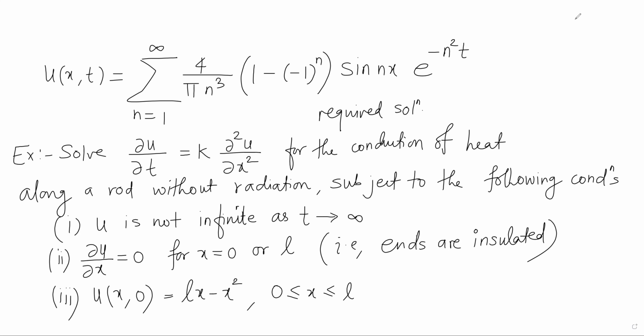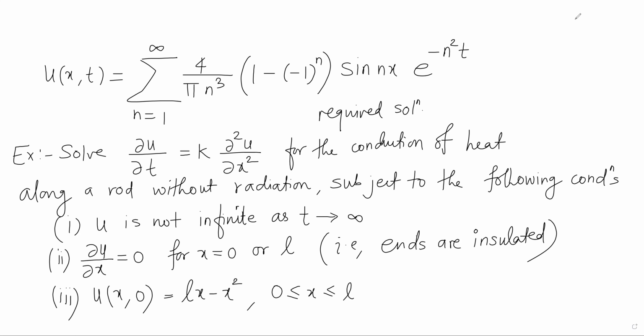Now we have to solve this equation. You can see immediately that this is our one-dimensional heat flow equation. These ends are insulated, so I have to use this boundary condition instead of the earlier condition. In the earlier case, u of 0,t was 0 and u of L,t was 0, but here you have to take the partial derivative.